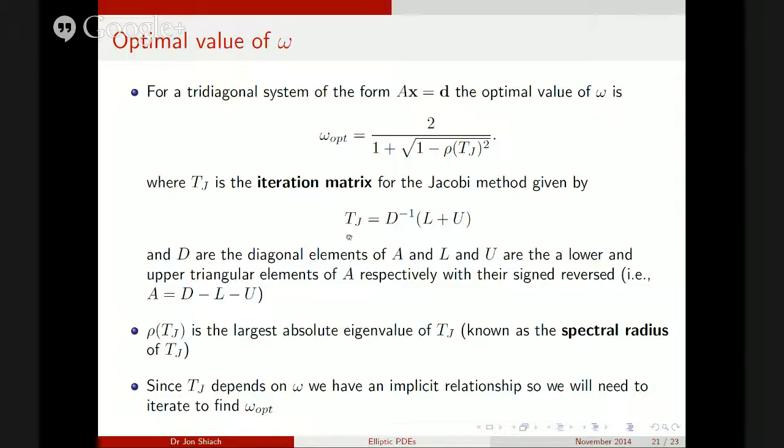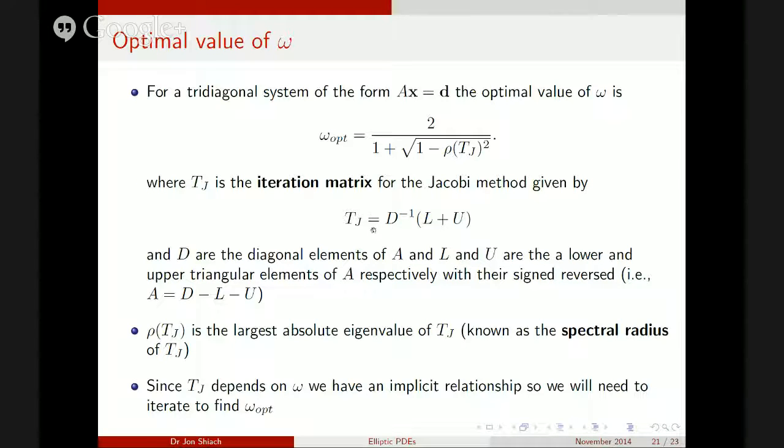I'm giving it to you here as this: TJ is equal to the inverse of the matrix D multiplied by L plus U. What the hell are L, D, and U? Well, essentially what you want is for D minus L minus U to be equal to your matrix A. So D are the diagonal elements of A, L and U are lower and upper triangular elements of A, but with their signs reversed.